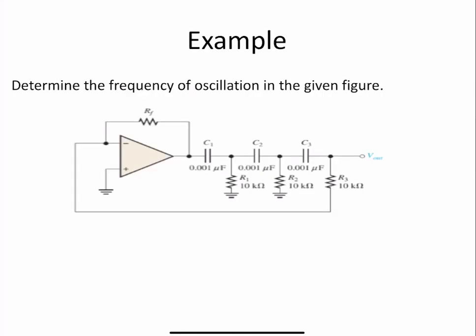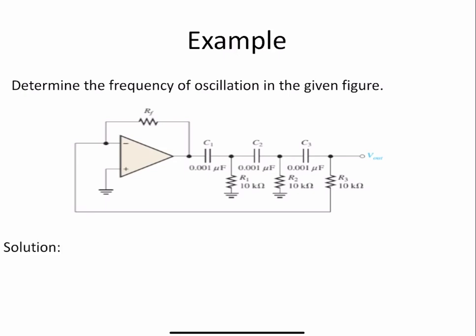Next is an example. Solve this example: determine the frequency of oscillation in the given figure. In this figure, you can see an amplifier is used, and a frequency determining network with 3 RC sections is connected. These RC sections are identical. C1 is 0.001 microfarad, R1 is 10 kilo ohm.